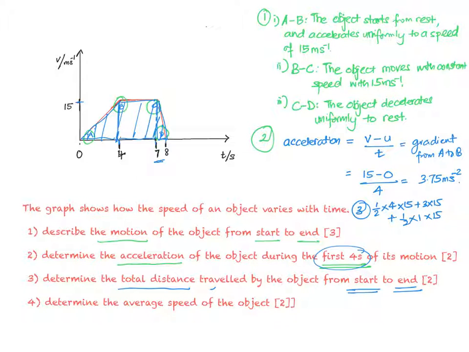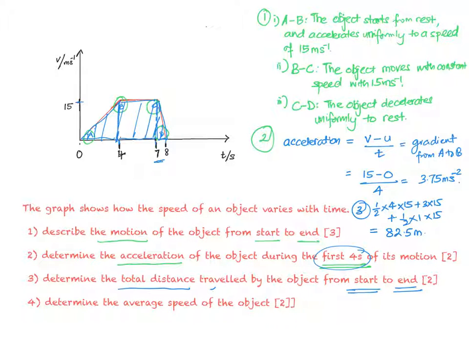If you work it out, you get a value of 82.5 meters. And now we got the total distance. Like I said, you can do this with a trapezium as well, and you'll get the same answer.